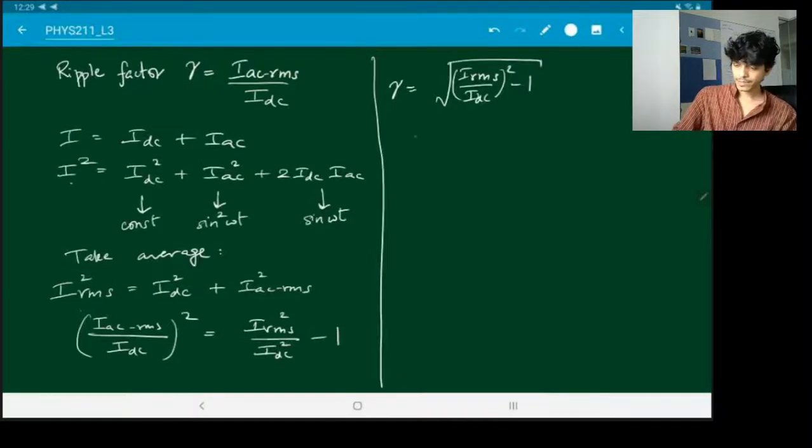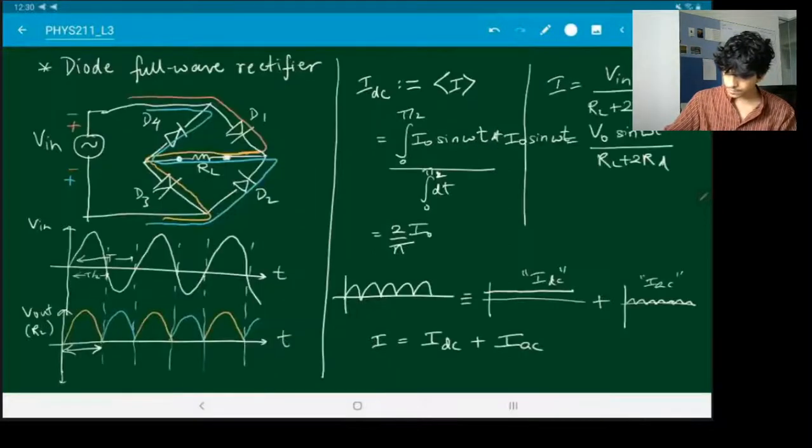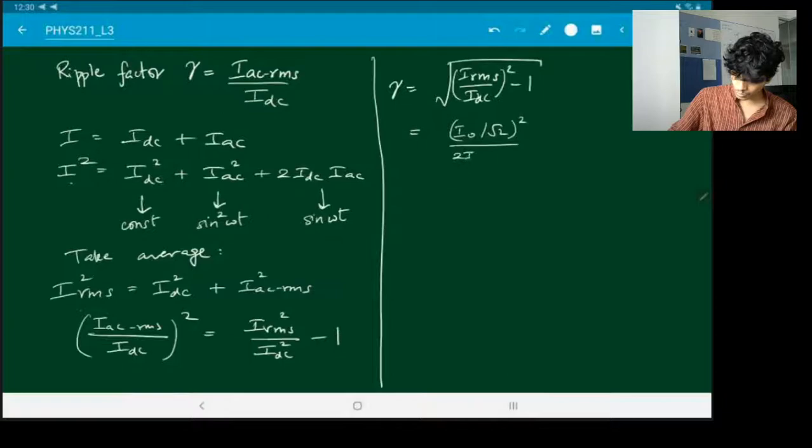Now I RMS is just I0 over root 2, and this IDC, as we saw previously over here, is just 2 I0 over pi.